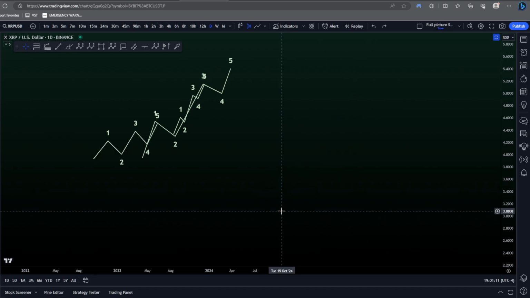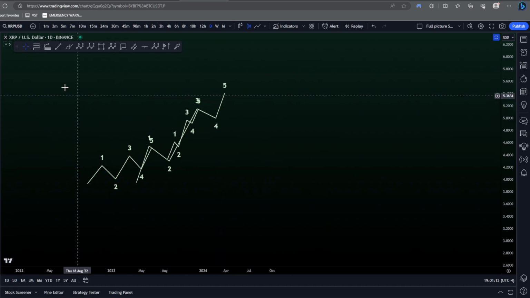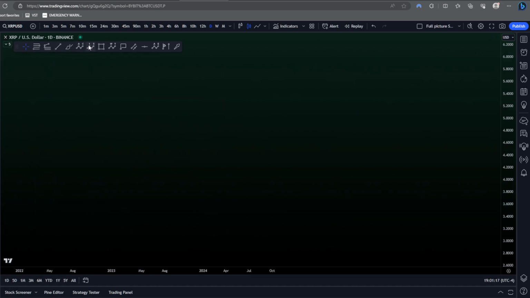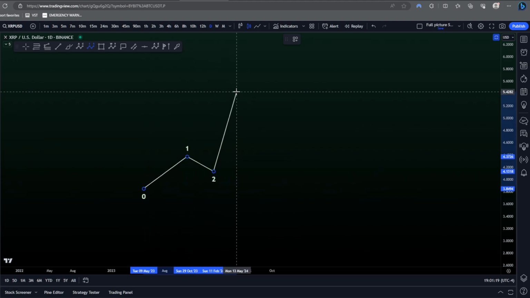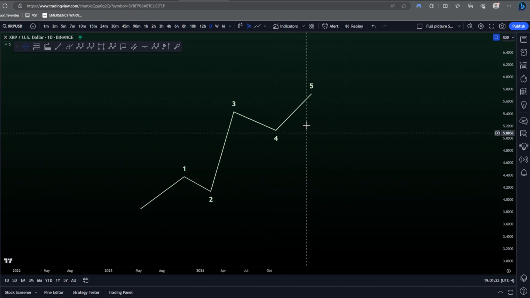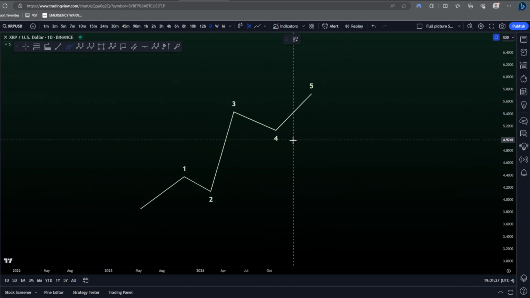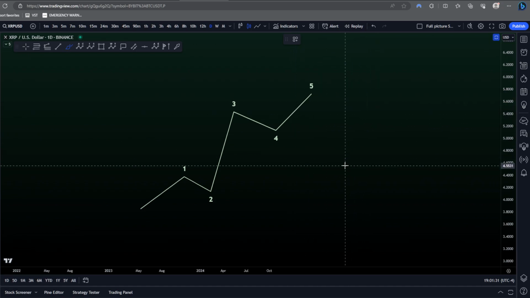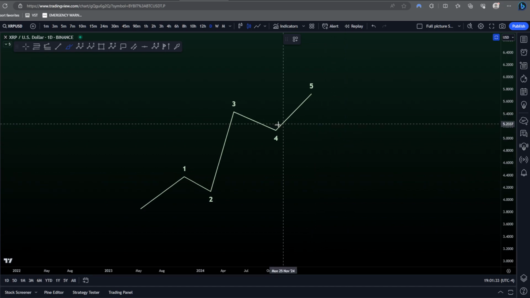The same thing can occur for the end of this wave. For this fourth wave, you can have a similar thing occur. It's called an ending diagonal. Leading diagonal, ending diagonal. Okay?